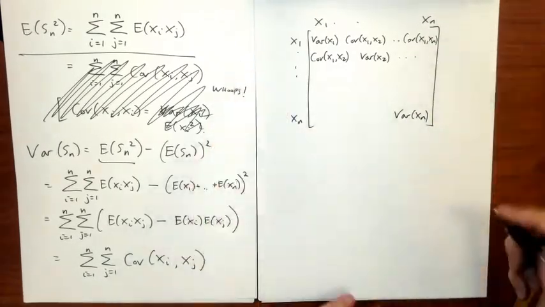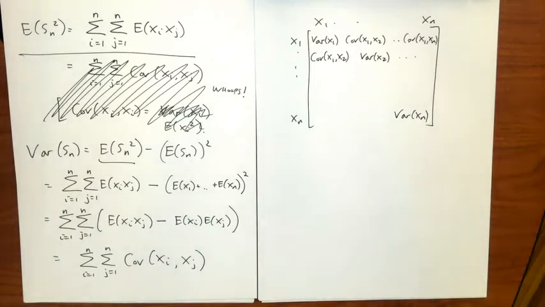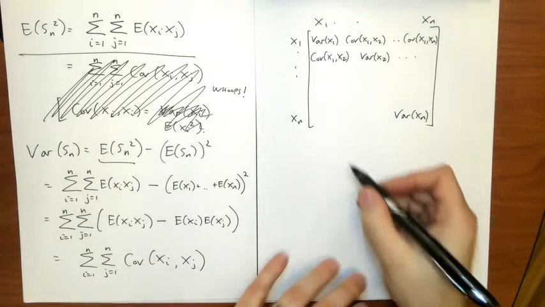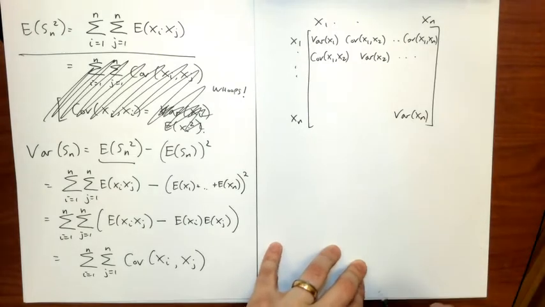I have n squared terms in all, and this is sometimes called the covariance matrix, because I take all the covariances I could possibly create and put them together into one big matrix. The variance of the sum is just what I get if I add up all these numbers.